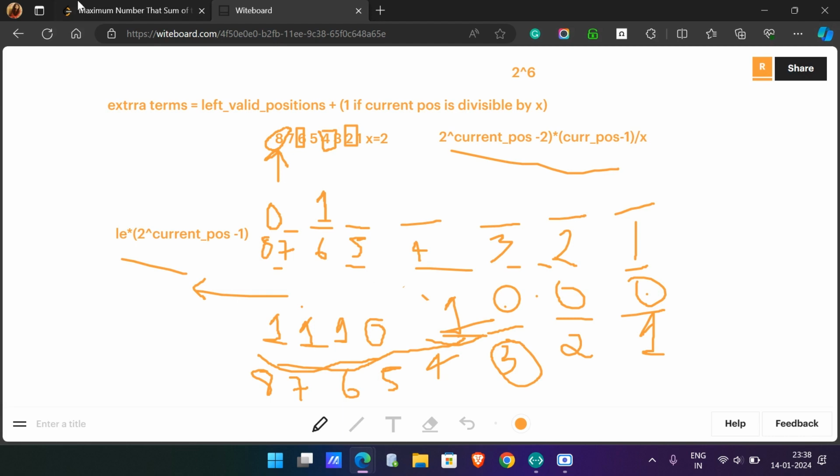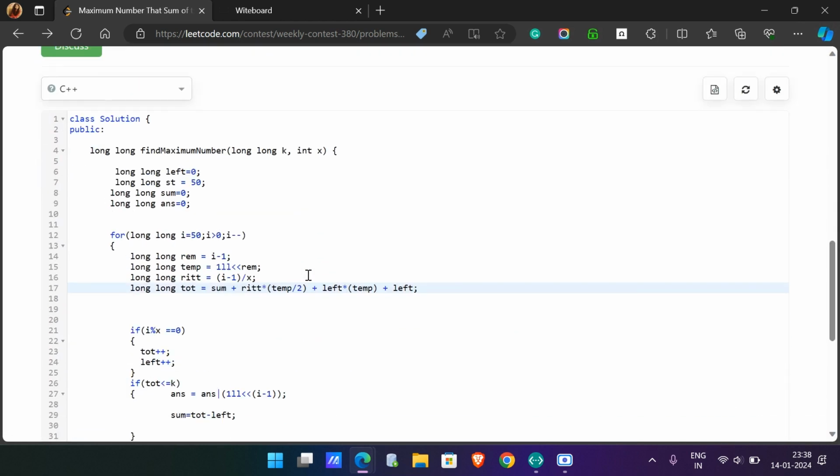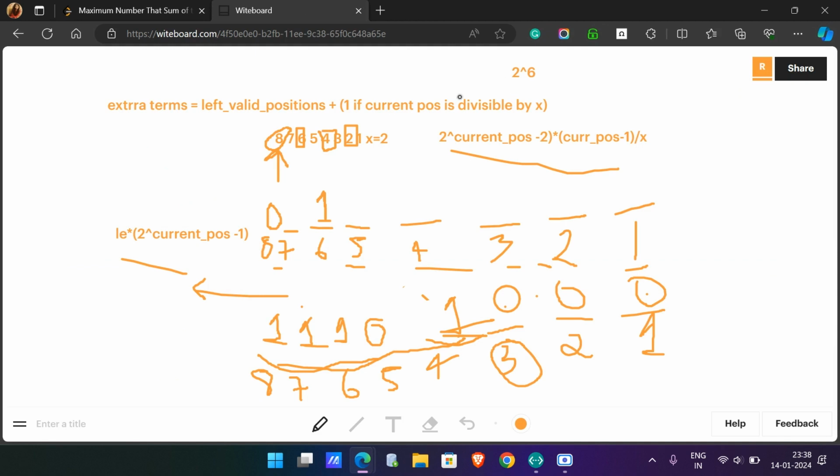So let's move to the code. That will be more clear. So what I've taken is left, and this is not needed, and the sum and answer. If I'm standing at position I, then the remaining positions to my right are I minus 1, and then 2 to the power of remaining, that I have stated over here, that is 2 to the power of current position minus 1.